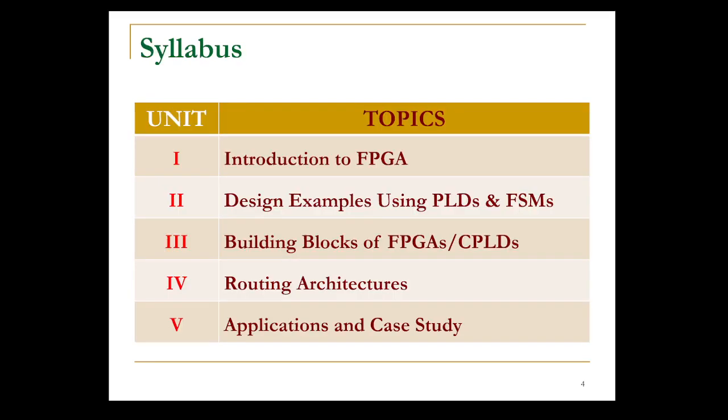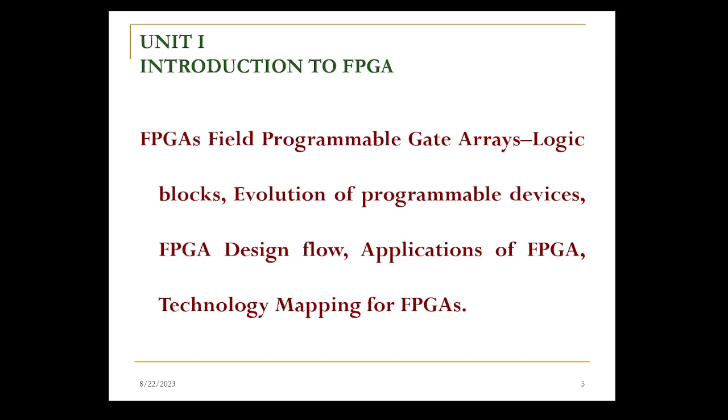The topics: Unit 1, Introduction to FPGA. Unit 2, Design examples using programmable logic devices and finite state machines. Unit 3, Building blocks of FPGAs or CPLDs, complex programmable logic devices. Unit 4, Routing architectures. And Unit 5, Applications and case study.